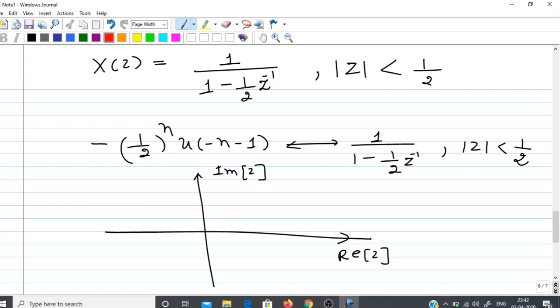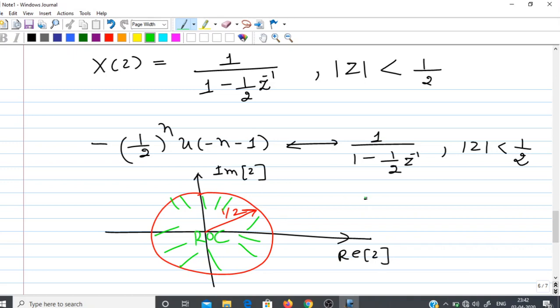So first I have to draw a circle of radius half. And what is the ROC? Less than half means this region would be inside, or interior to this circle. So this green region is our ROC. So ROC is interior to this circle of radius half.